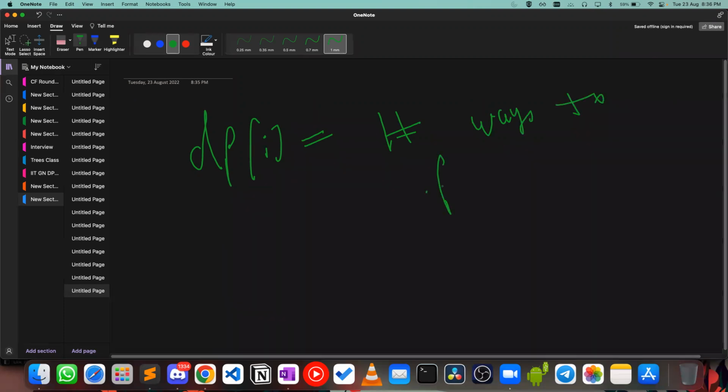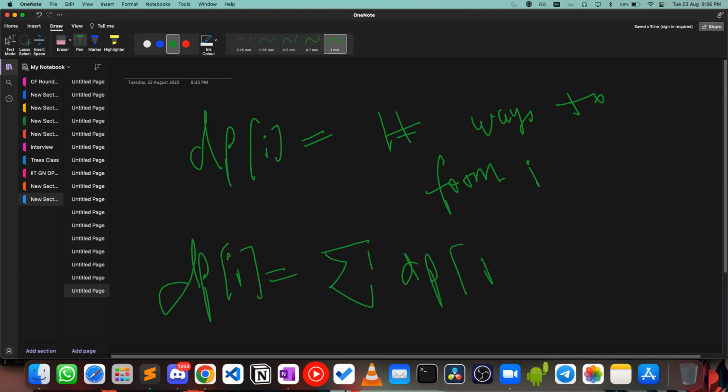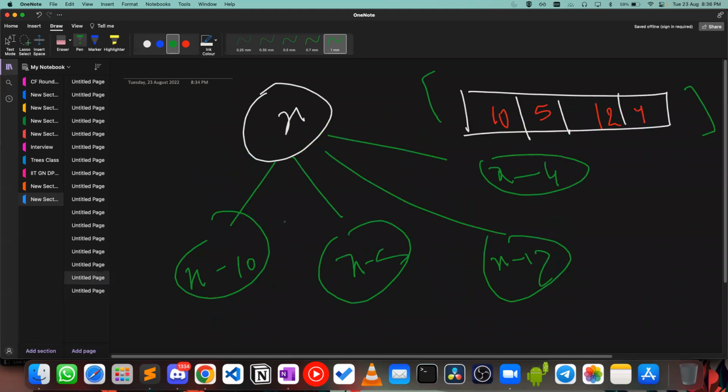Okay, what is the transition here? You will say dp of I is equal to nothing but the summation of dp of I minus k, where k is any denomination available to you. Perfect. Somebody has written dp of x is equal to dp of x minus 10 plus dp of x minus 12 plus dp of x minus 5 plus dp of x minus 4. Great. That is exactly what it will be here.